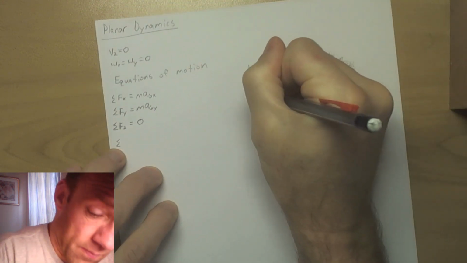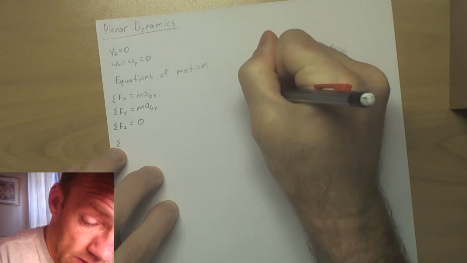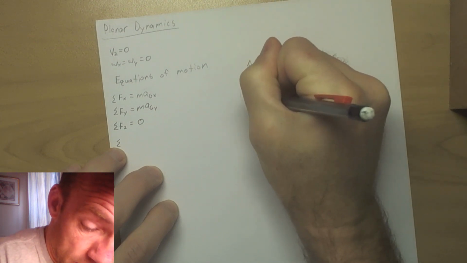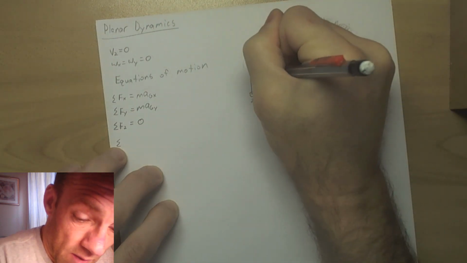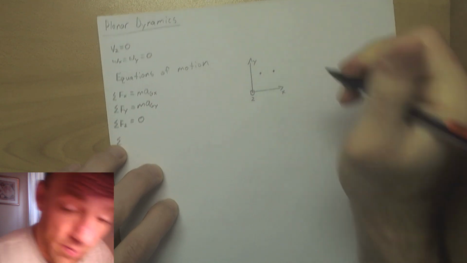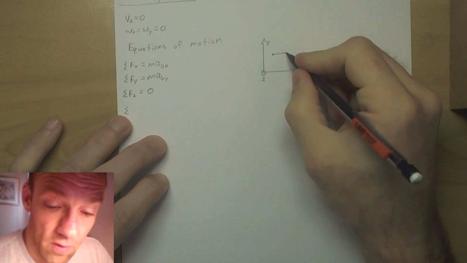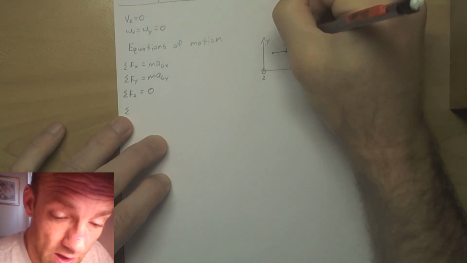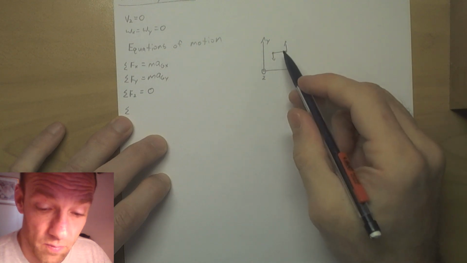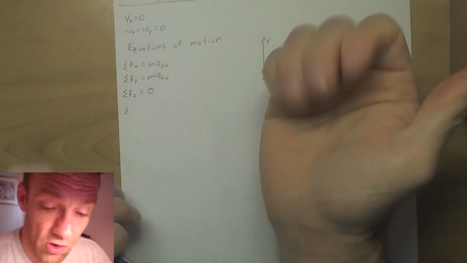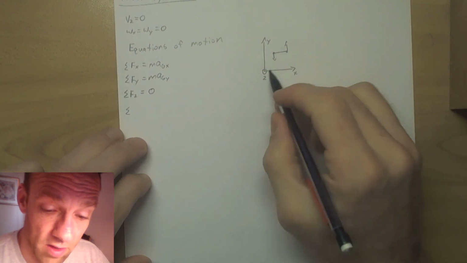If I have an object, so z is coming out of the plane, say I have an object made up of 2 points connected with a bar or something like that, and all of the velocities have to take place in the xy plane, then there can be no rotation in the x or the y because they both involve velocities in the z.